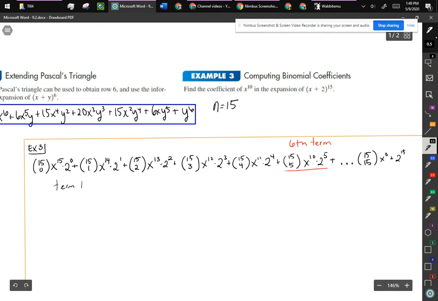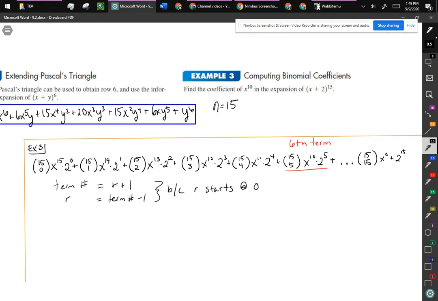Term number equals r plus 1. Or you can say r equals term number minus 1. And this is all because r starts at 0.